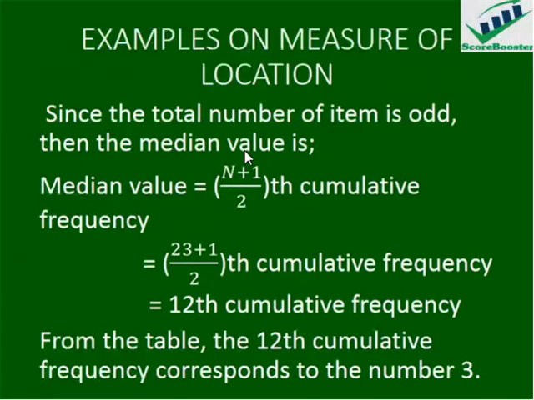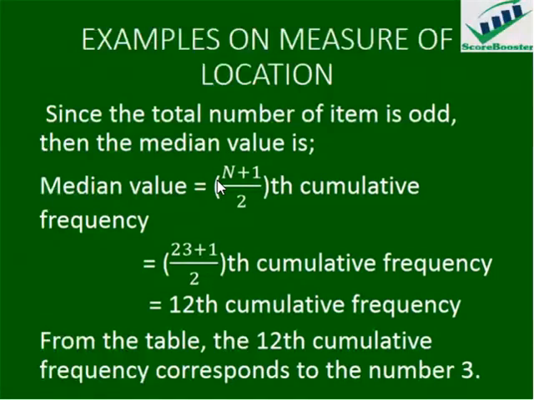So whatever value we obtain when we apply this formula, where that value lies in the cumulative frequency column corresponds to a number, and that number would be the median.